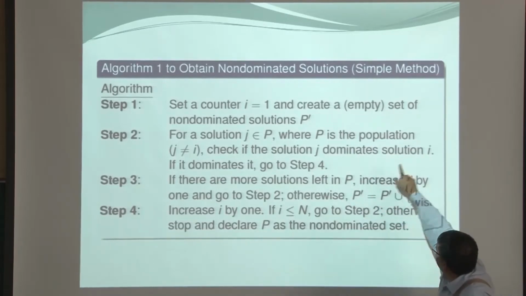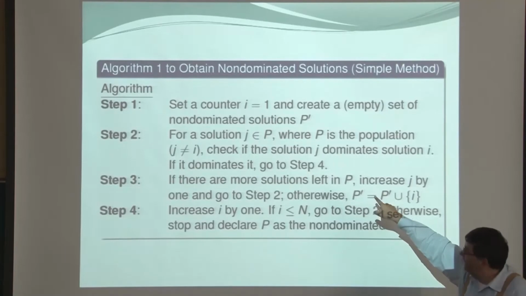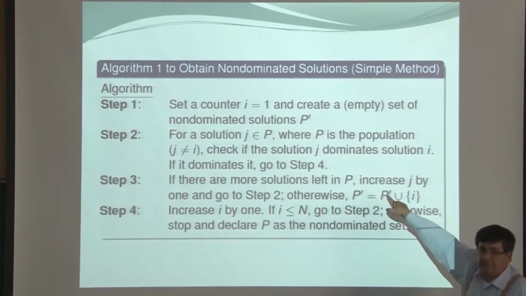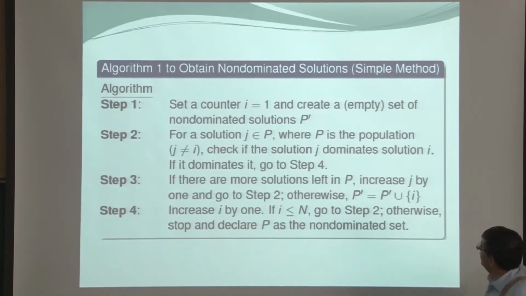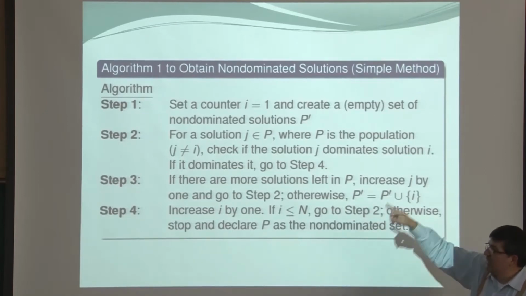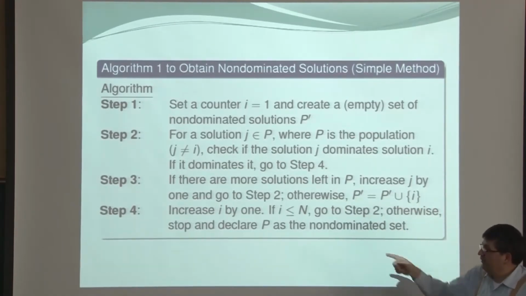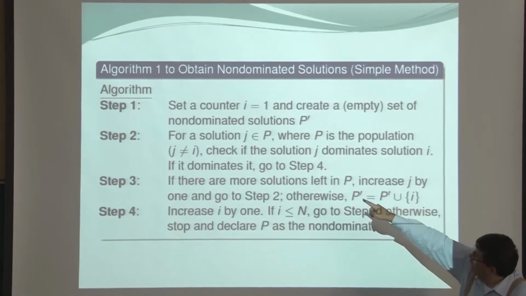Okay? So what does it say? If it dominates, go to step 4. That's not the case. So we go to step 3. Are there more solutions? Yes, we have more solutions left. So now J was 2, we will increase J to 3, right? And we go back to step 2.